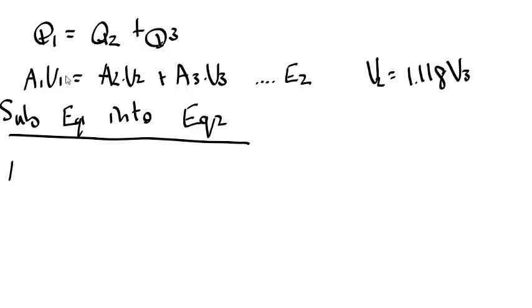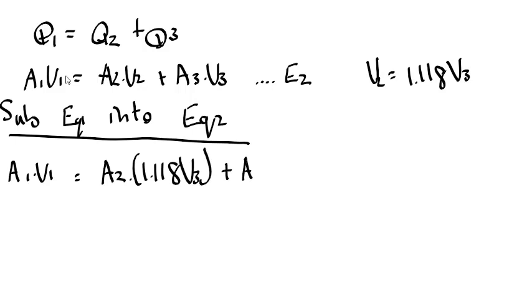We'll have A1 times V1 equals A2 times V2, which is brackets 1.118 V3, plus our A3 times V3. Good. Now we have something we can work with.